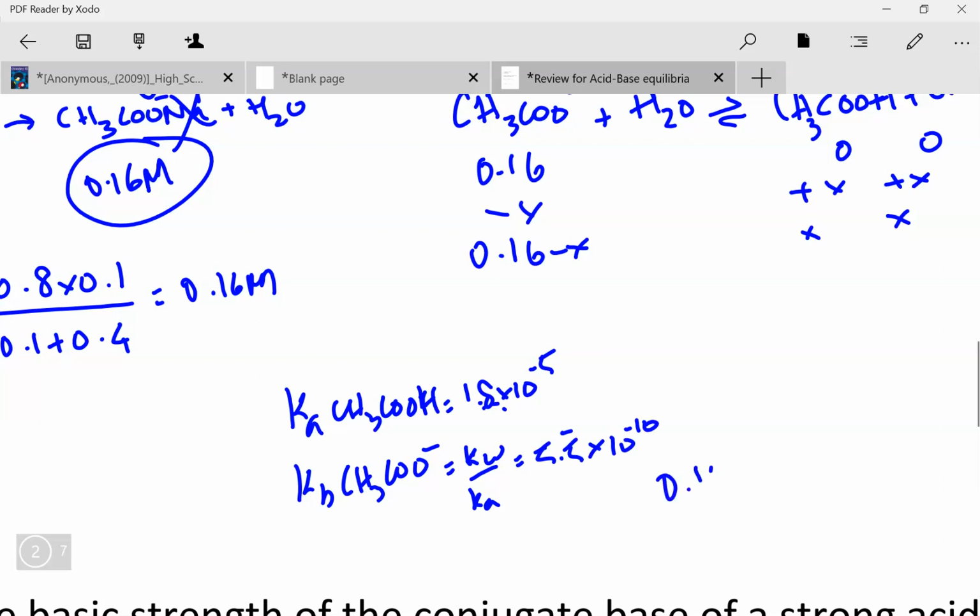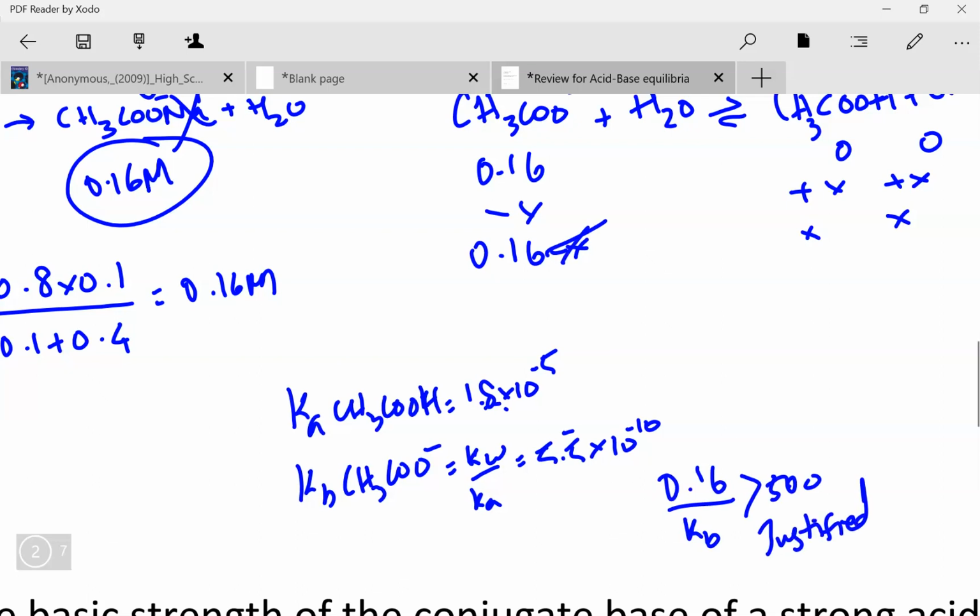I also check that 0.16 divided by Kb is greater than 500, which justifies cancelling out this minus x. So I do 5.5 times 10 to the negative 10 equals x squared divided by 0.16.